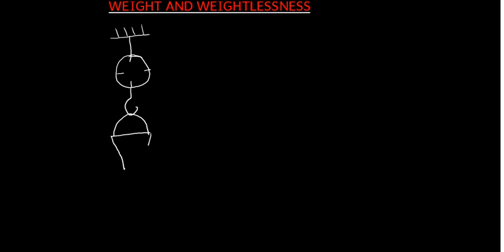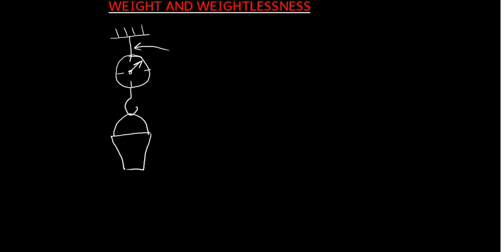So this bucket is carrying some water. If this is fixed, and you see that the spring reads, it points somewhere there. Where it is pointing, that is telling us the weight of the bucket together with every content in the bucket. Now, assuming what we have there is not fixed, it's able to move up and down.